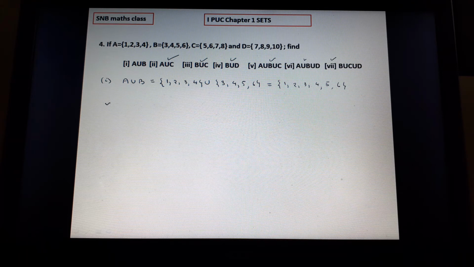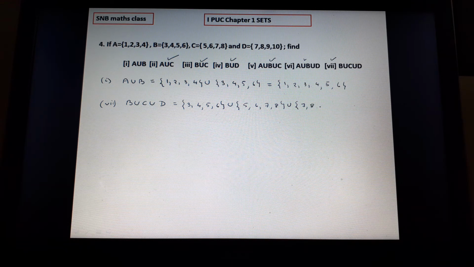So the 7th one we will take: B union C union D. B is 3, 4, 5, 6. This is B. Union. Then C means 5, 6, 7 and 8. Then union. D is 7, 8, 9, 10.